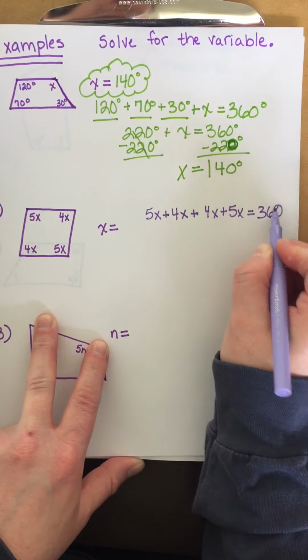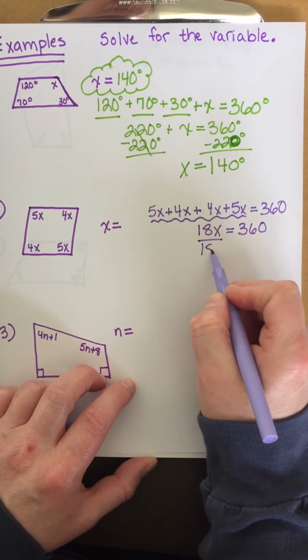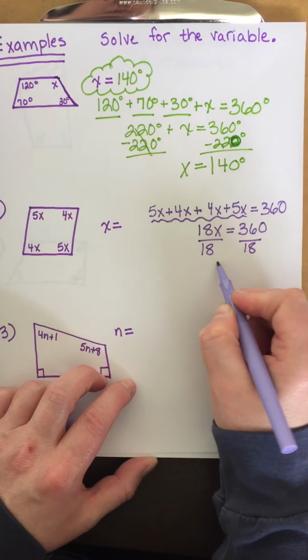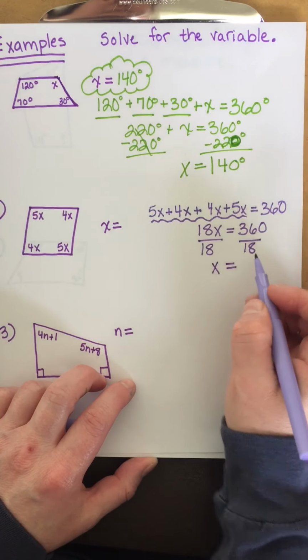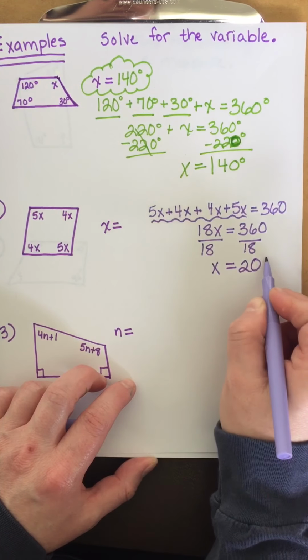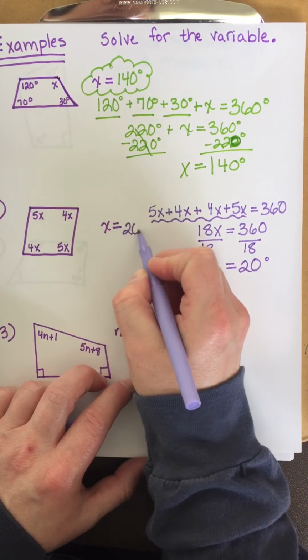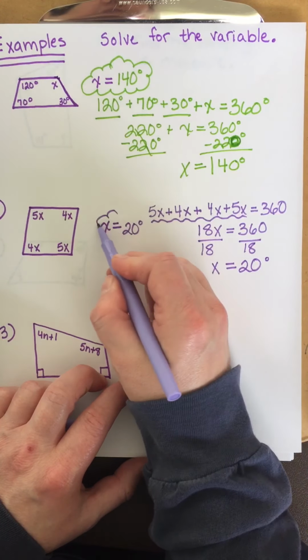So these are all like terms, 5x and 4x and 4x and 5x. That's 9x plus 9x, which is 18x equals 360. To undo multiplication, we divide. And 360 divided by 18 is 20. So x would equal 20 degrees.